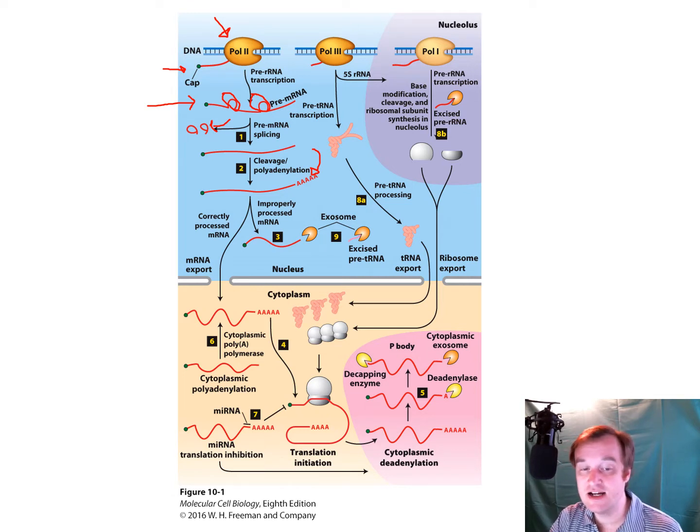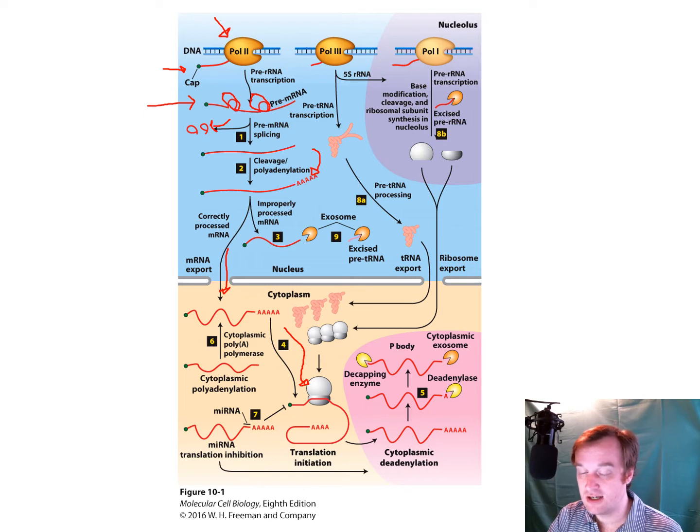And from there, if the mRNA is processed correctly, it will then be exported from the nucleus to the cytoplasm. And then at this point, the ribosome will come and, with the help of some cap binding proteins, it will go to the initiation site of the mRNA and it will start translation.